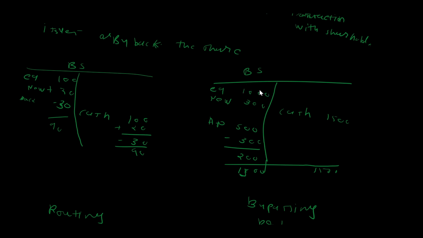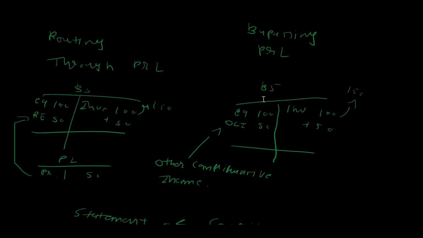Suppose I have equity of 1000, cash of 500, and accounts payable of 500. I will issue 300 of shares and reduce the accounts payable by 300, and this will affect only my liability and equity side, and my balances will be tallied. My accounts payable will reduce and equity will increase.